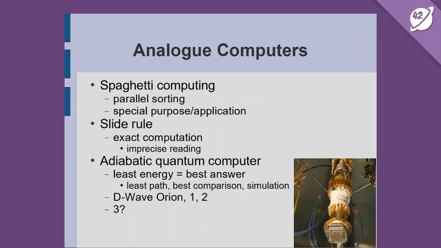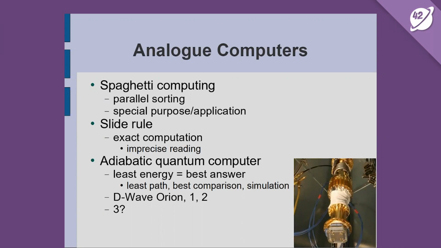You cut pieces of spaghetti to the numbers that you want to sort, and then in one application, bang, you sort them all. And it's done. It's special purpose, it has a single application, but there it's very effective. Same thing with the slide rule. We do exact computations, but it's a little imprecise in terms of how we read it.